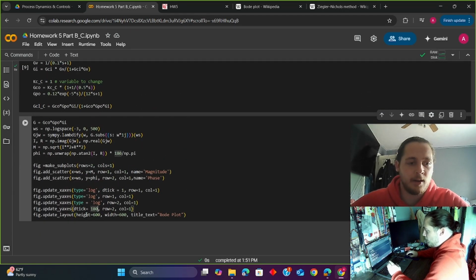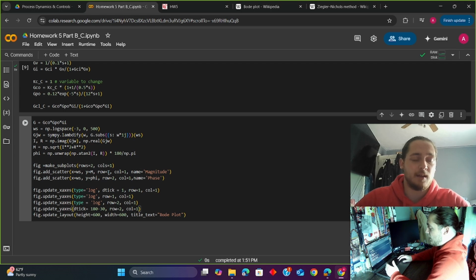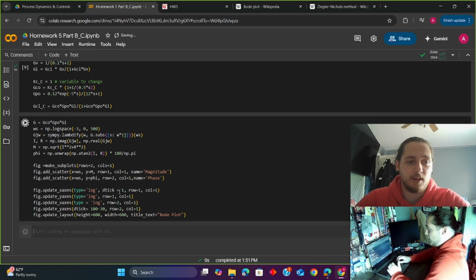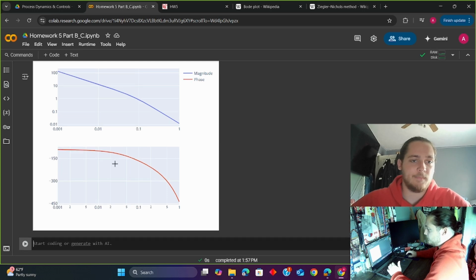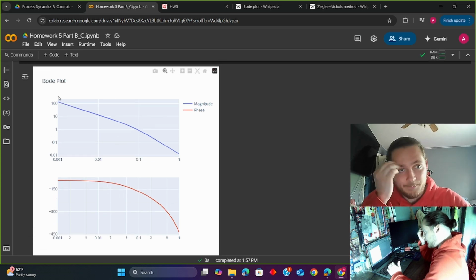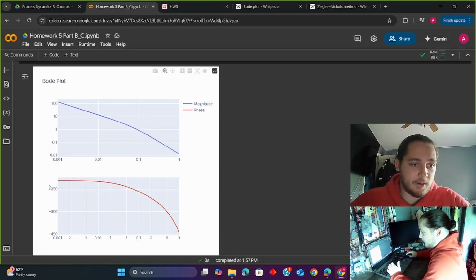So instead of having our y-axis in increments of 180, we now want to go ahead and subtract 30, and that will make us have increments of 150. So shift enter. So here is our Bode plot, and we have our axes of 150 for our phase angle.